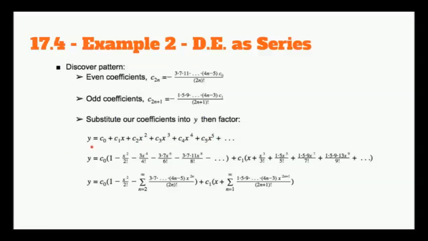Now we substitute, we will get y equal to c0 plus c1x. This is the general form, and then we substitute it in. Then we factor out c0 and c1.